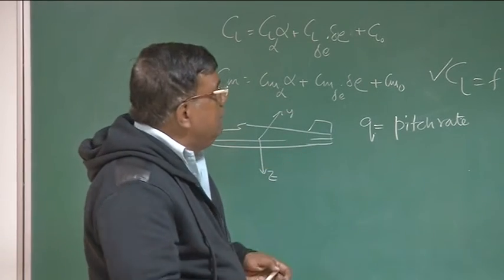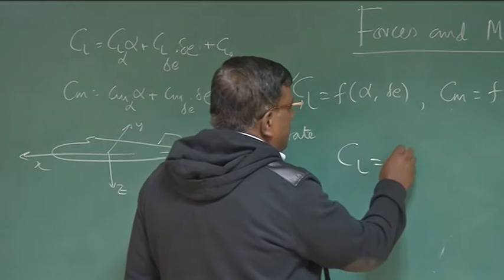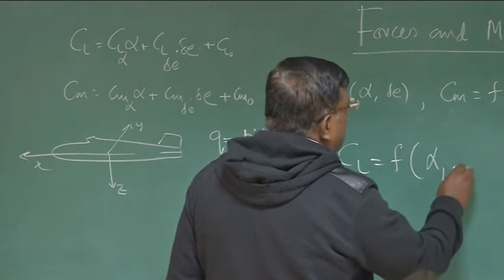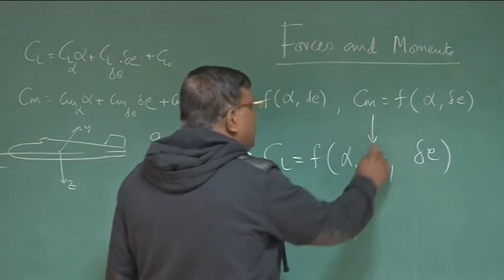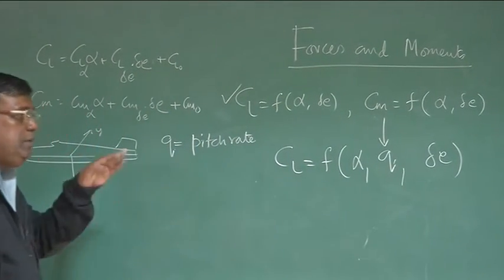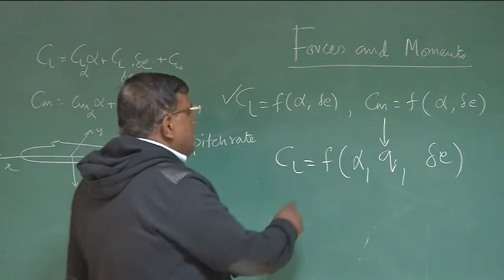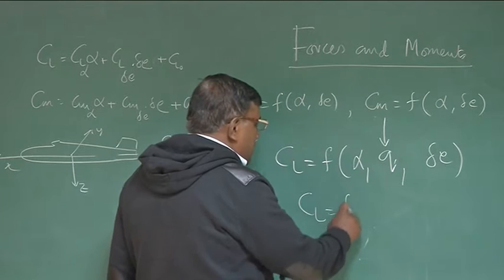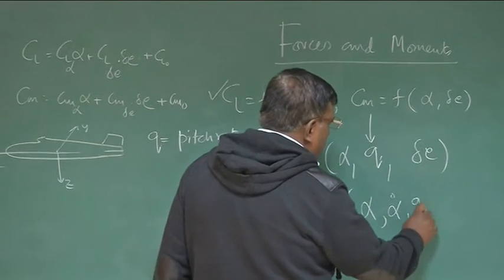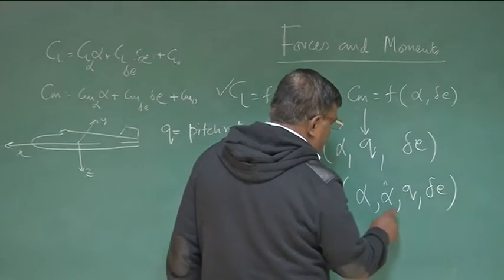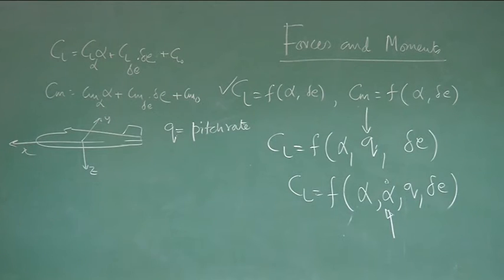So now you will see, because of this dynamics, Cl will not only be a function of alpha, it will also be a function of q and delta E. q will show you how this pitch rate also will change Cl. Right? Similarly, if you go for further analysis, you will find it not only depends upon alpha, q and delta E, it also depends upon alpha dot, that is, at what rate the angle of attack is changing.